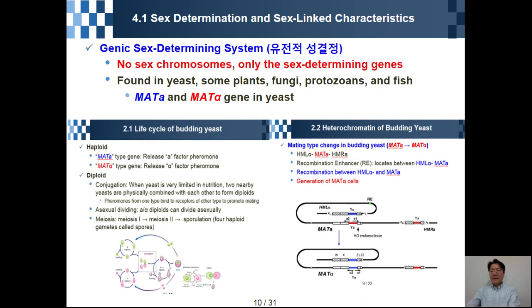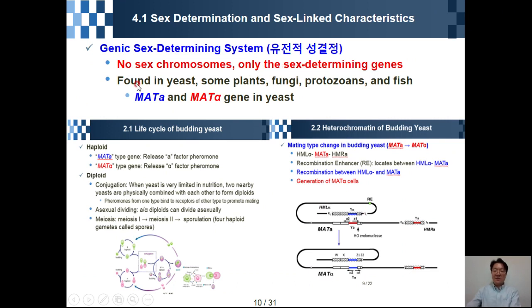So in this slide, I will explain the genic sex determining system. In Korean, we call it 유전적 성결정. In this system there is no sex chromosome, so only the sex determining gene exists.